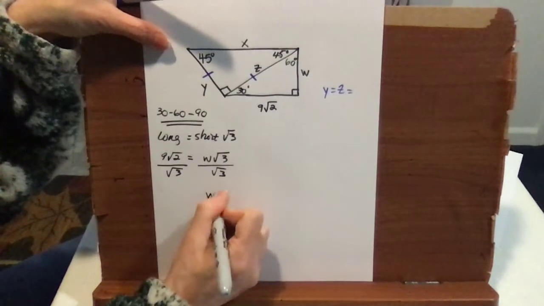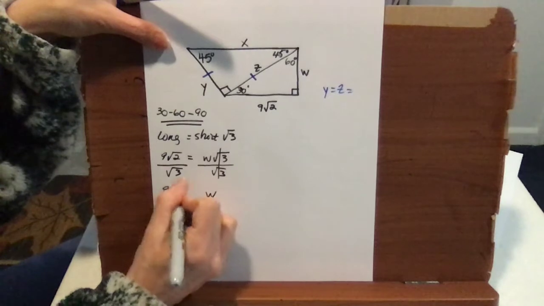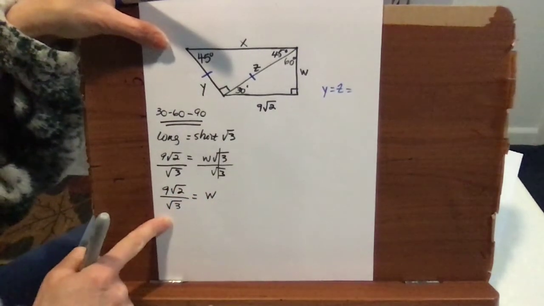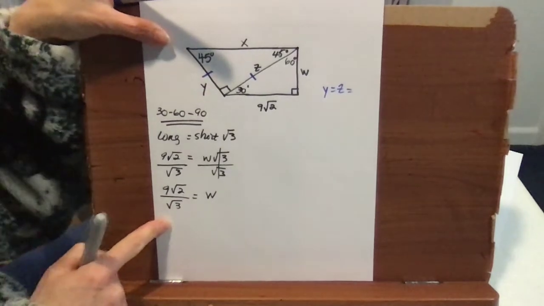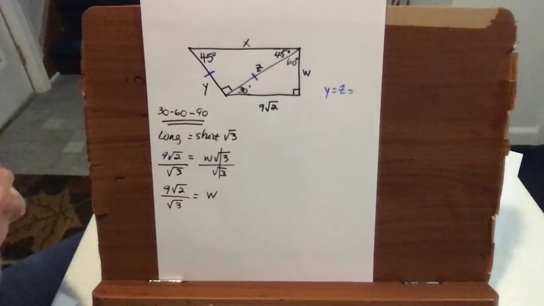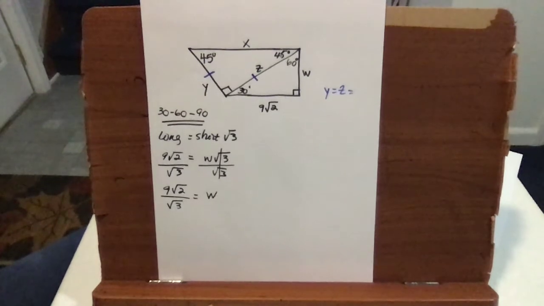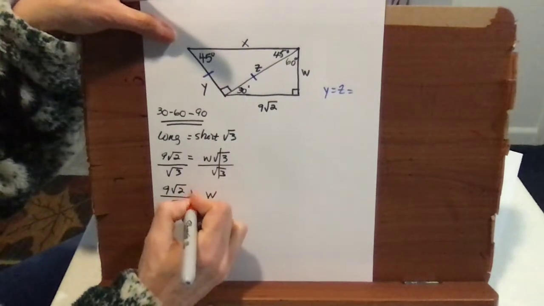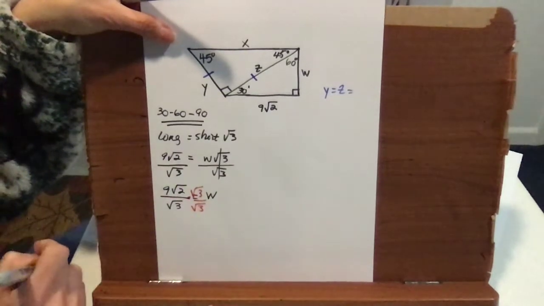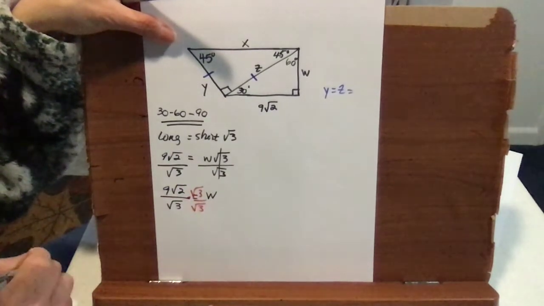All right, now our w is going to be 9 root 2 over root 3. We can't have a radical in the denominator, so we're going to have to rationalize it. We rationalize by multiplying by the denominator's radical, but in the form of the number 1, so root 3 over root 3.